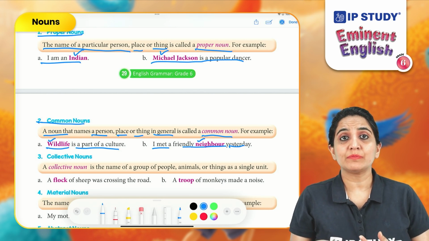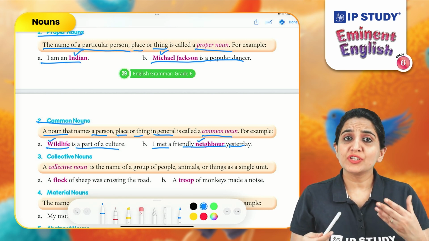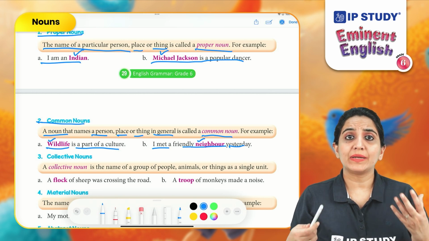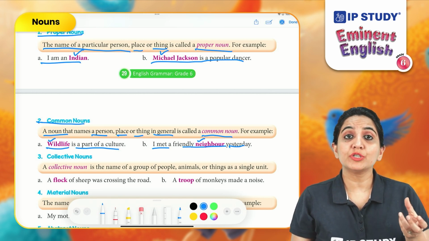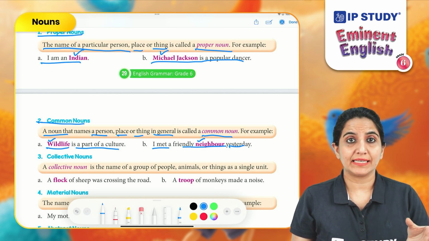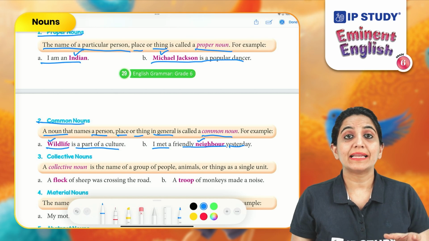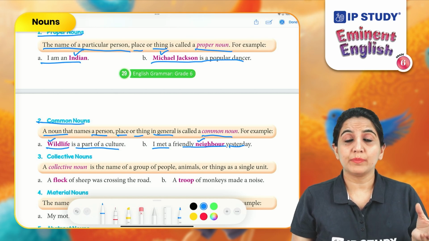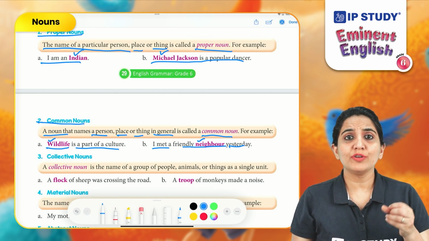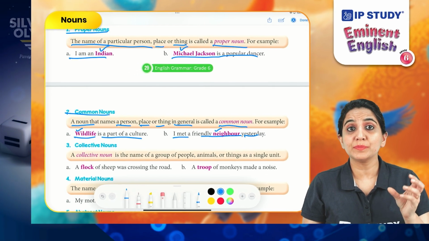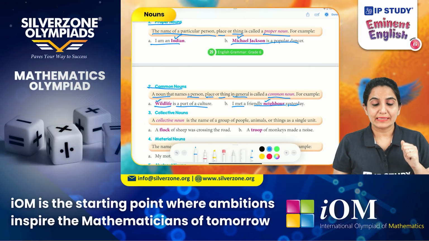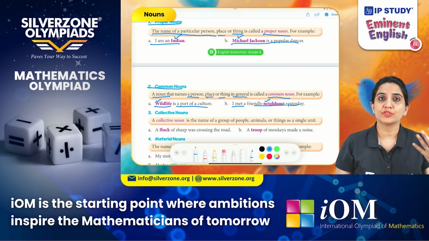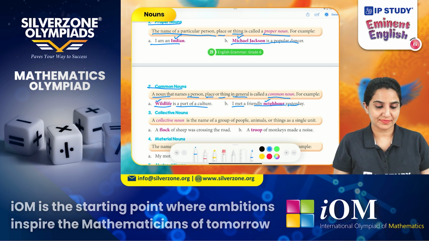These are the names that we give generally to any place, animal, or thing, right? So, if we give a certain category like students, girl, neighbor, wildlife, all of these are common nouns because this is not a particular name of a person, animal or thing, but the name given in general to these things.